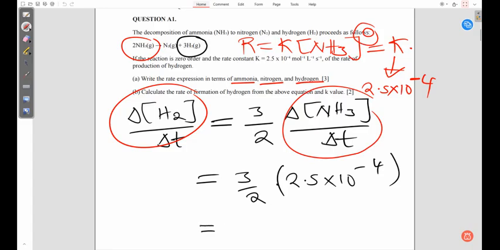Grab your calculator. So 2.5 multiplied by 3 and then divided by 2. My calculations are giving me 3.75 times 10 to the power negative 4. The units are the same, moles per liter per second. So that's it for question 1.